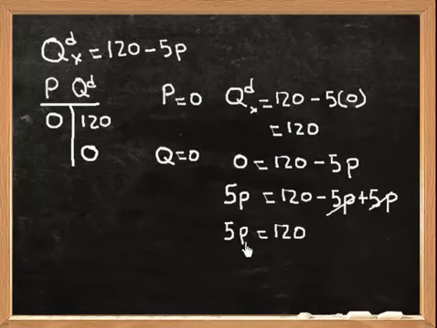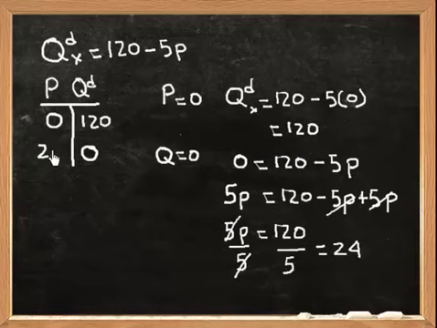Now in order to solve this for p, we can divide both sides by 5. 5 divided by 5 is 1, these numbers cancel out, and 120 divided by 5 is 24. So when the price is 24, the quantity demand is 0, and we have the second point we need in order to represent the line.